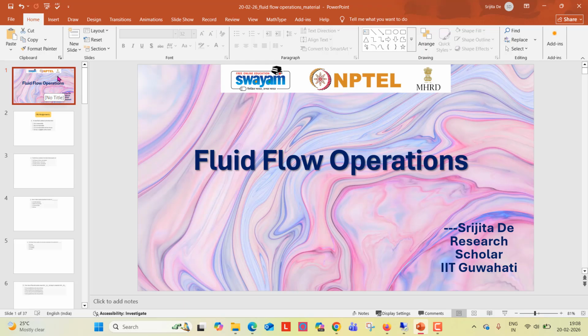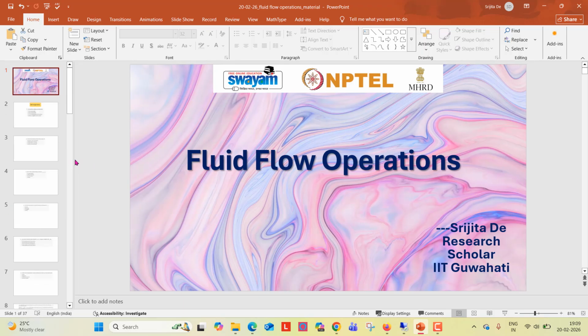So in the last class, we have learned about the Reynolds transport theorem, right? We have learned about the momentum equations, the continuity equation, the mass balance equation, how the mass conservation equation works, how the momentum conservation equation works, and how the energy conservation equation works, right?